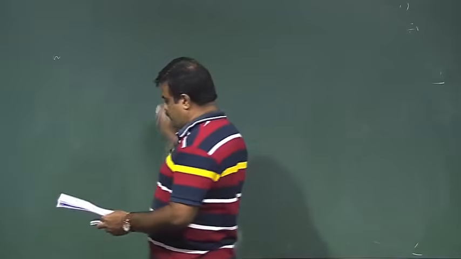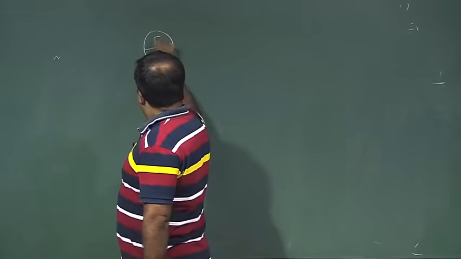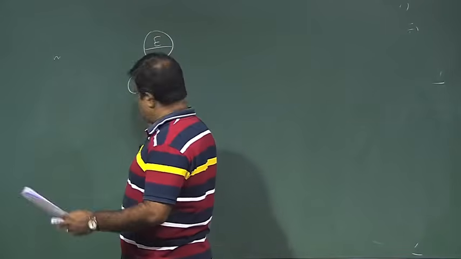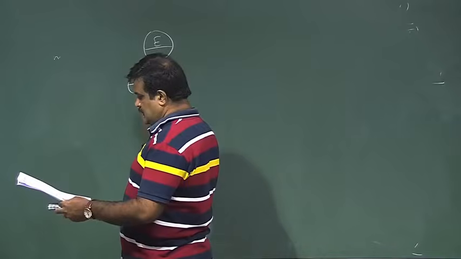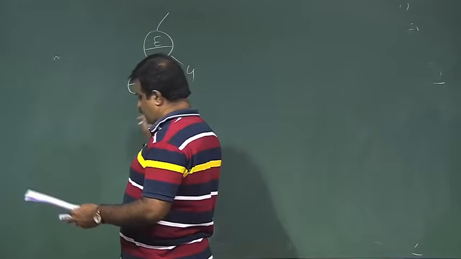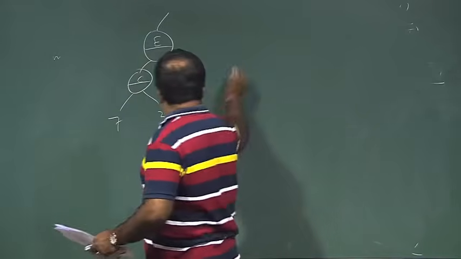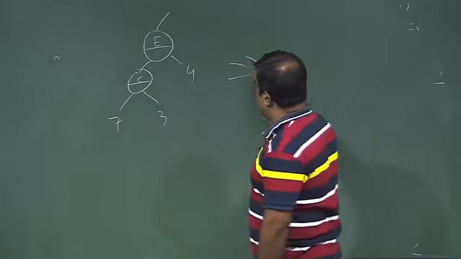So, suppose we have a tree like this: E, then we have C, and we have a tree hanging over here with 4, 7, 3. Now, we want to bring E down.